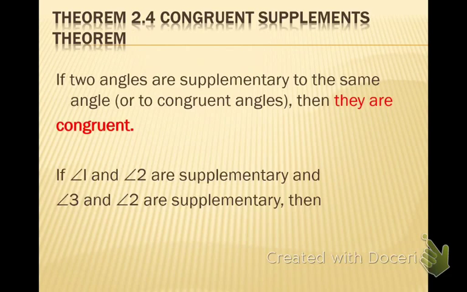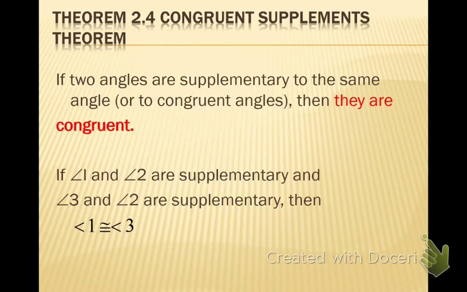So this is saying, if angle 1 and angle 2 are supplementary, and angle 3 and angle 2 are supplementary, then we know angle 1 and angle 3 are congruent. And that makes sense.